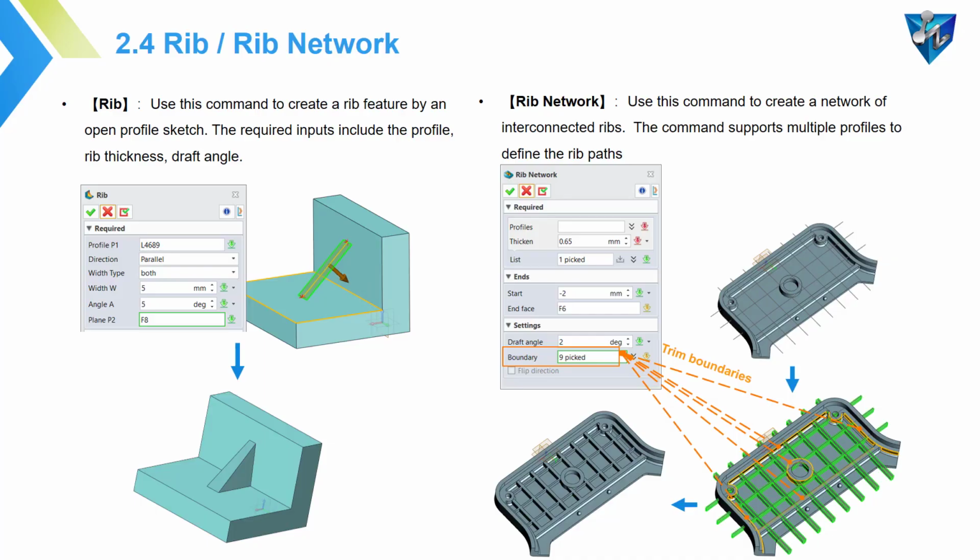Then we can get a rib feature. And for rib network, we can use this command to create a network of interconnected ribs. We do not need to care about the length of the profile because we can trim the rib in this command. Now let's move over to ZW3D to show you more details.